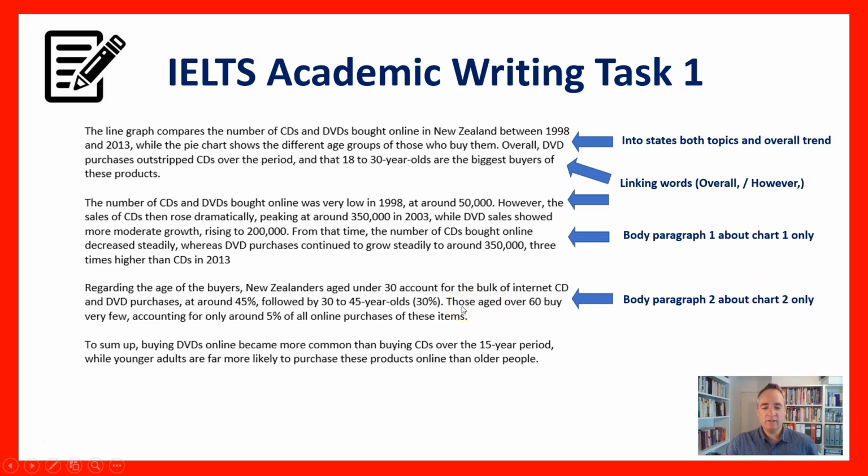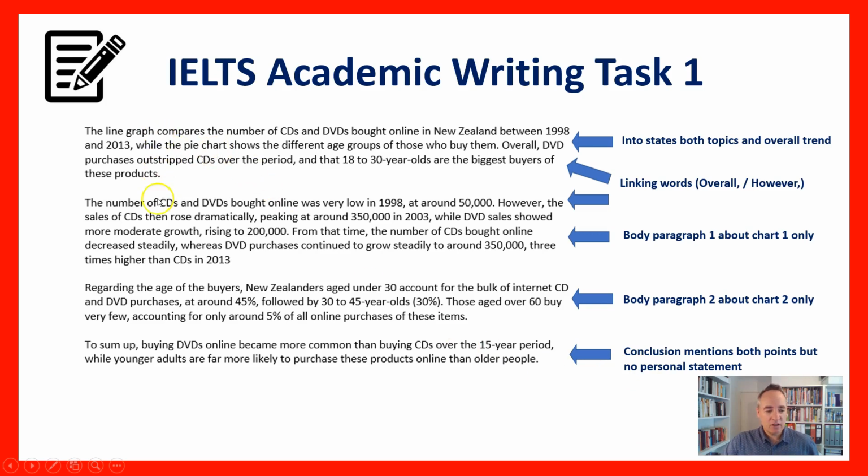So it's quite easy to create your structure when you can just break it down: one paragraph to one chart and the second paragraph to the second chart. And overall, we've got a little conclusion that mentions both points, but of course we don't give a personal statement. So that's not what we do in this IELTS Academic Writing Task 1. There's no personal statements.